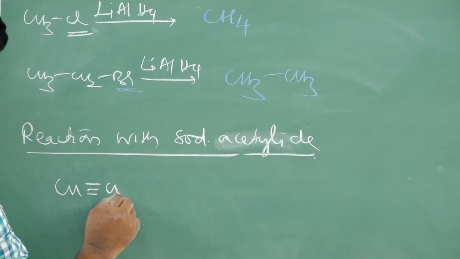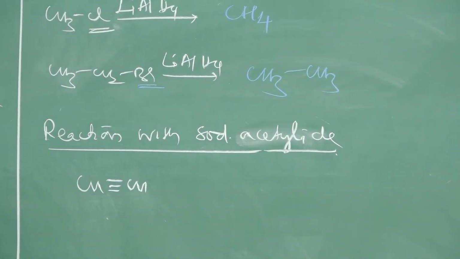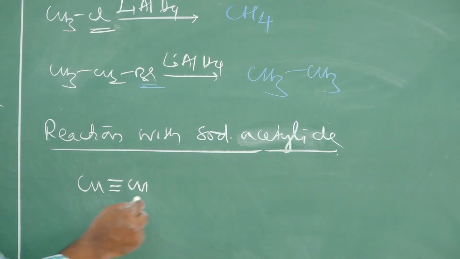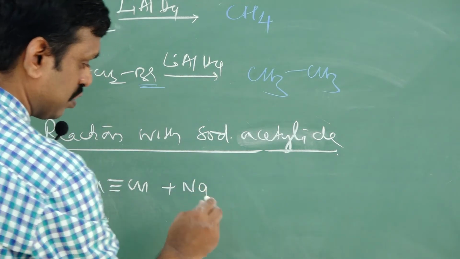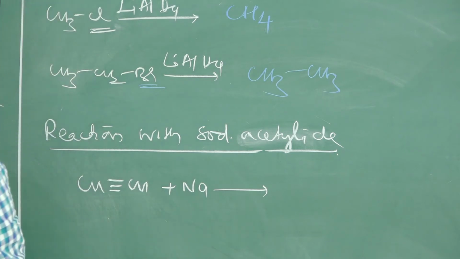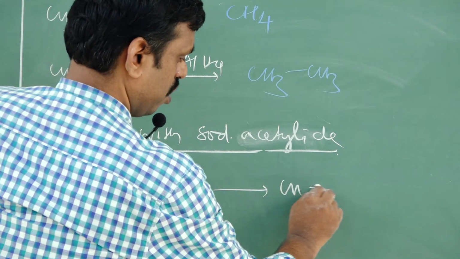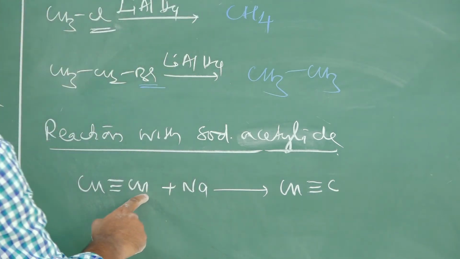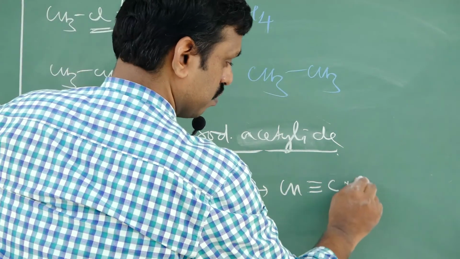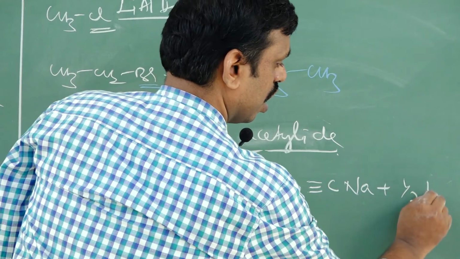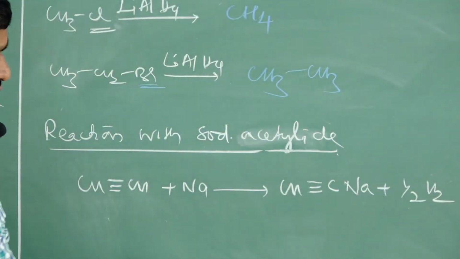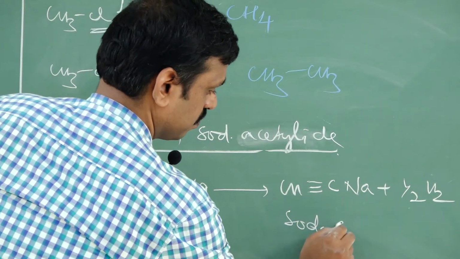CH triple bond CH is called alkyne, that is acetylene. This acetylene reacts with 1 mole of sodium. What happens? CH triple bond C, in place of one hydrogen, Na comes, plus of course half H2 is released. This is called sodium acetylide.